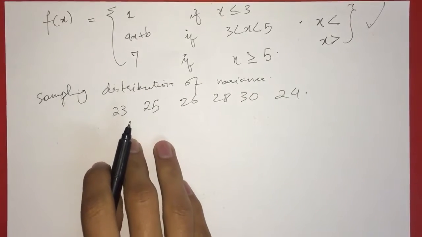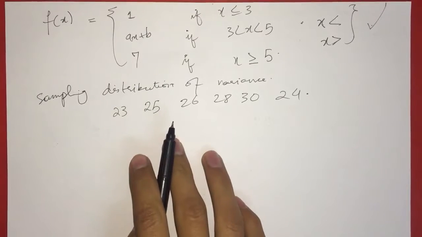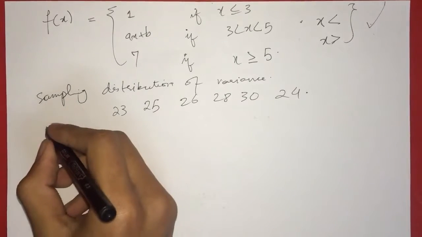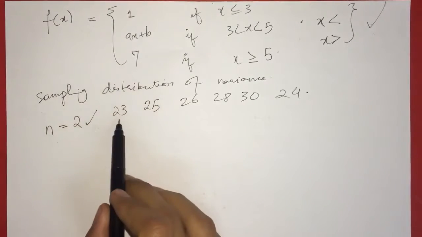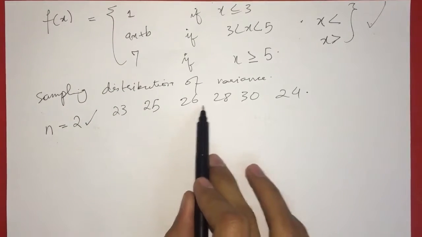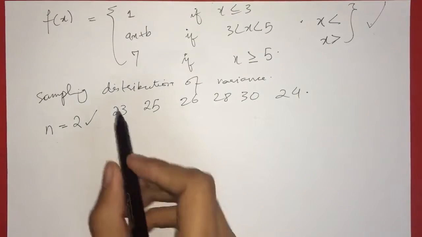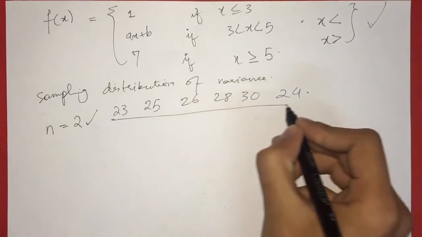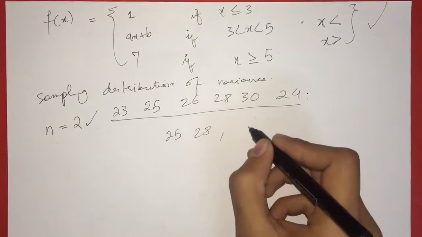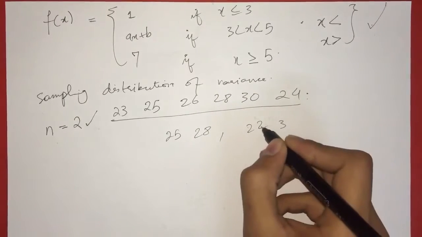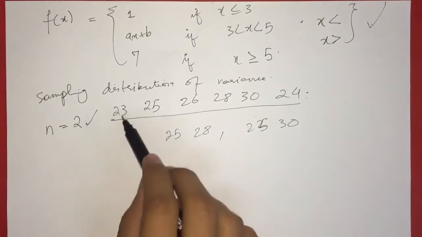So first what we did, we found out the sampling distribution of mean of size n equals 2. What that means is we took samples of size 2 from this data set, and then it can be 25, 28, it can be 25, 30. All the samples you can make of size 2 from this data set.